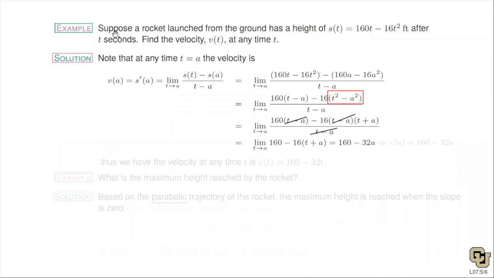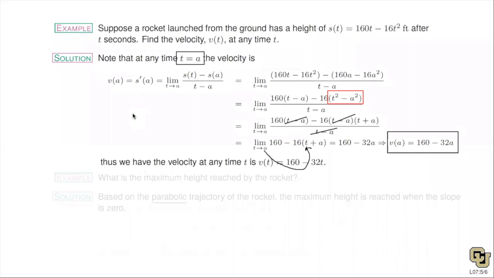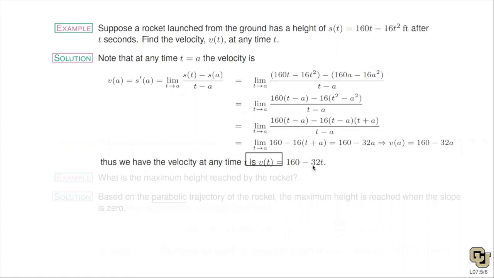Now I do the limit by direct substitution. I plug the a into the t, and so I get my velocity at any time t equal to a is 160 minus 32a. If you want the velocity at any time t, just replace the squiggle a with the squiggle for time. So in general, this is the velocity at any time t, as opposed to at any time a.